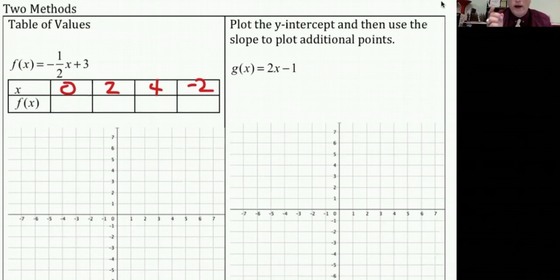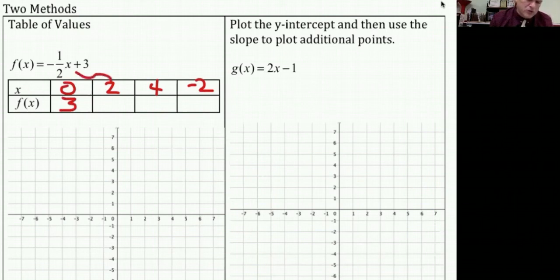Okay, so let's graph this. First, we have to find the y-coordinate, or f of x coordinate. So how do we do that? Let's take the 0. So we substitute 0 in for the x. You get negative 1/2 times 0, which is 0, plus 3, which gives you 3. Okay, that's not bad at all.